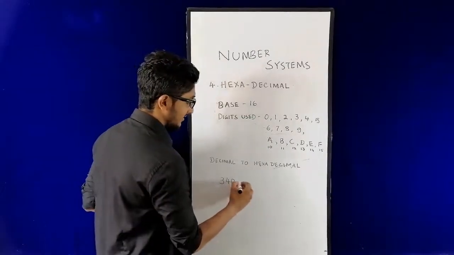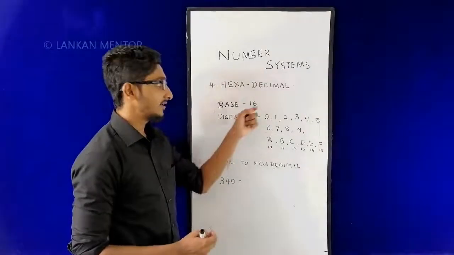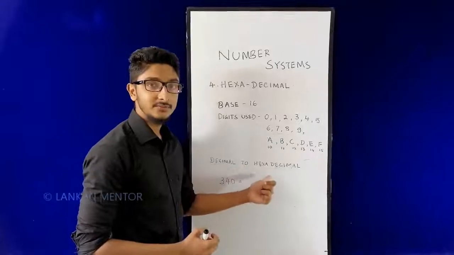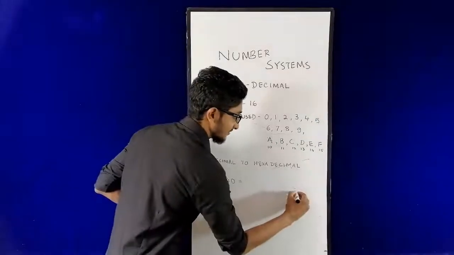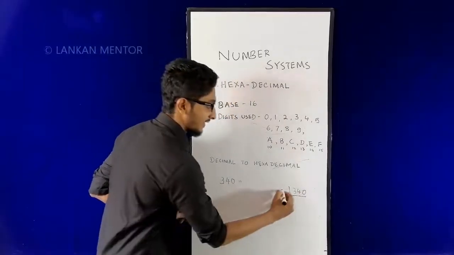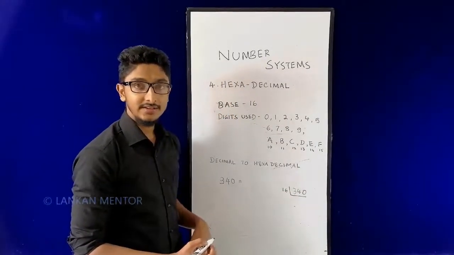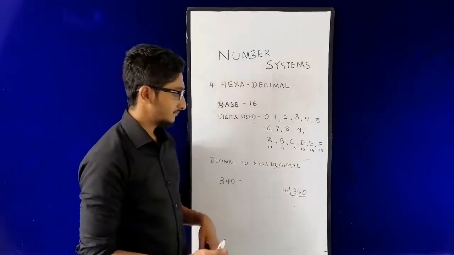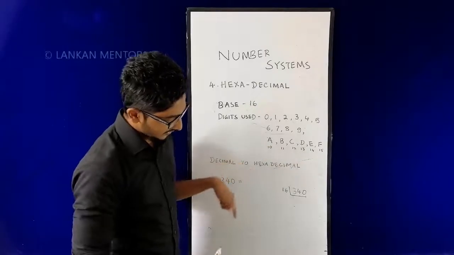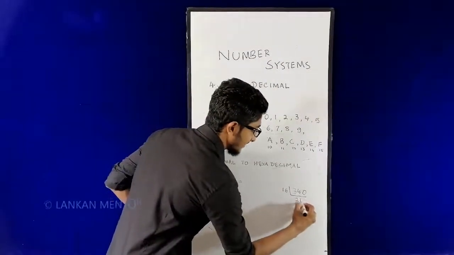Now let's see how it is done. You divide 340 by base 16 to convert it from decimal to hexadecimal. So 340, you divide it by 16. How many 16s are there in 340? It's around 21, right? So it is 21.